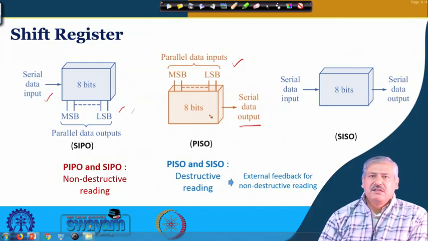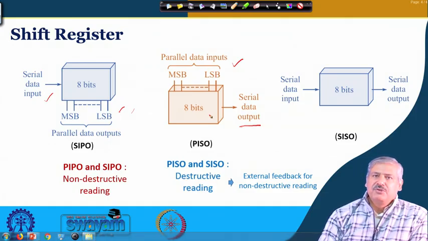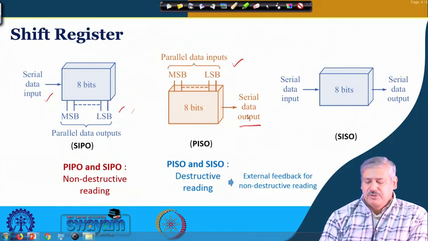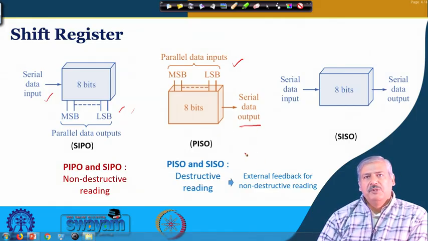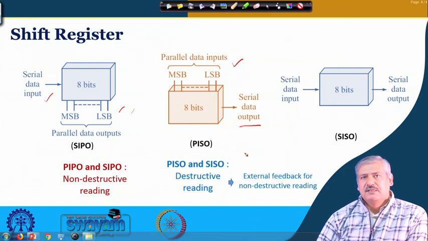We shall see the actual circuit and discuss it elaborately later with examples. Since the data is being pushed, the data on its own will be lost. So, that becomes a destructive reading.